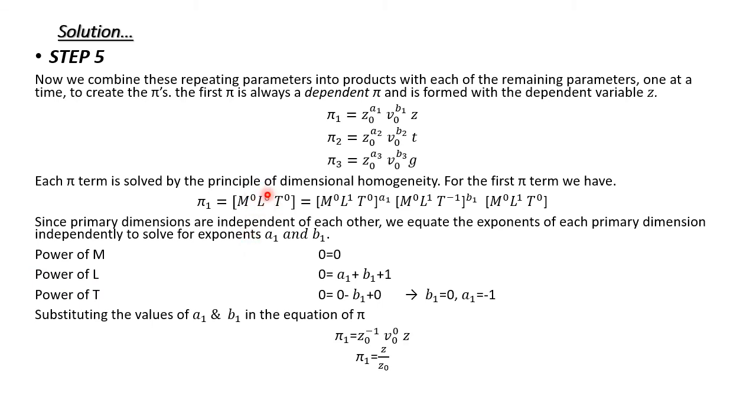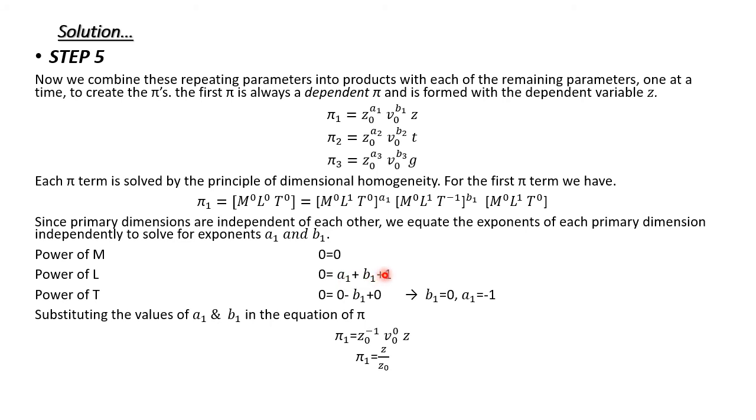Now the right hand side: here I have L to the power 1, and the whole to the power a1, so I have written a1, the power of L. Plus here I have L^1 and whole power b1, so I can write plus b1, and here it is L^1, so the power of L is 1. So the power of L: 0 is equal to a1 plus b1 plus 1.